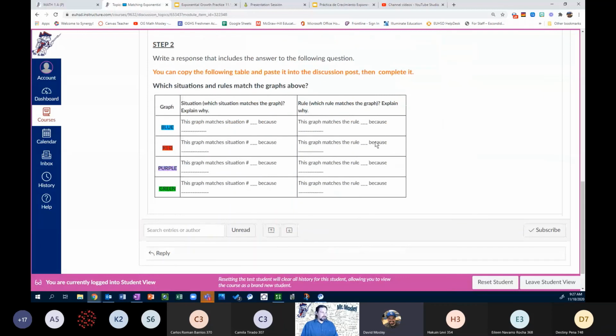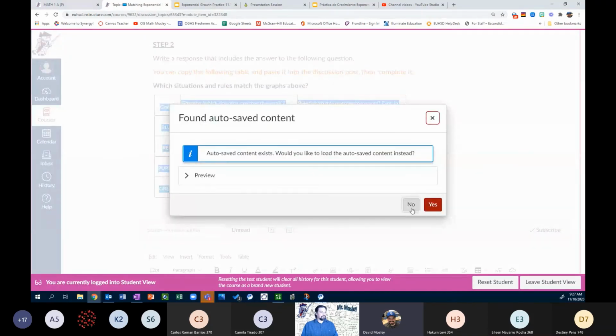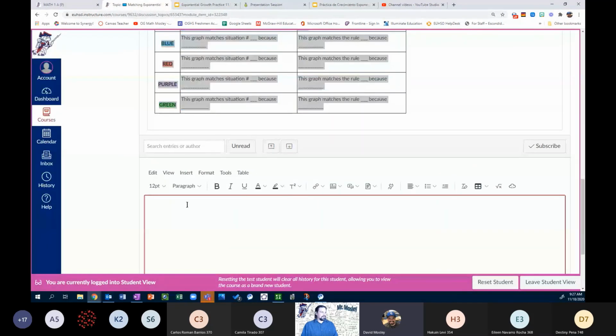To submit your response, there's this table here. All right? Easiest thing to do, like it says, you can copy the following table and paste it into the discussion post, then complete it. So literally, if you take your mouse and you highlight everything in the table, copy, click into your reply, and paste.